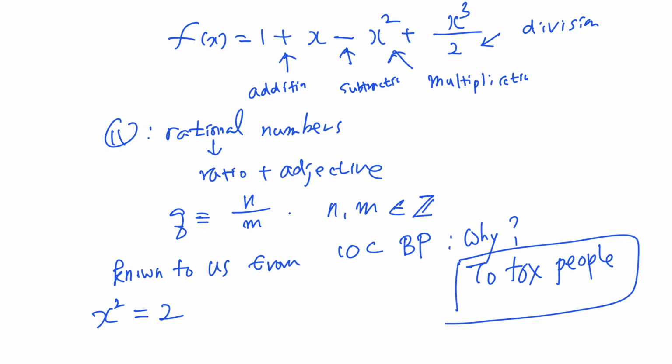Some mathematician asked: is there any rational number that gives the number 2 when squared? And the mathematicians at the time tried to show that it is possible to find such a rational number, but not, right? Do you know who is the mathematician who asked this question?